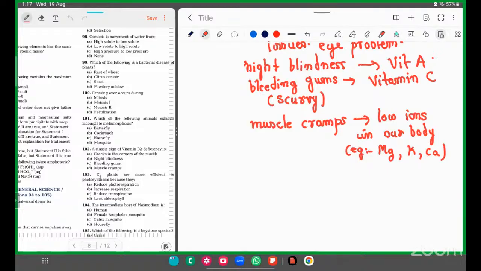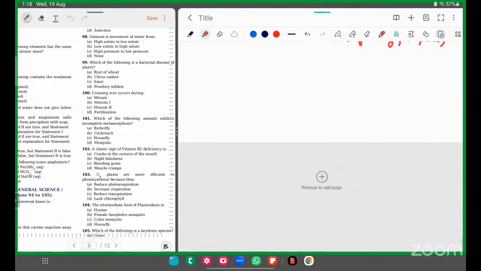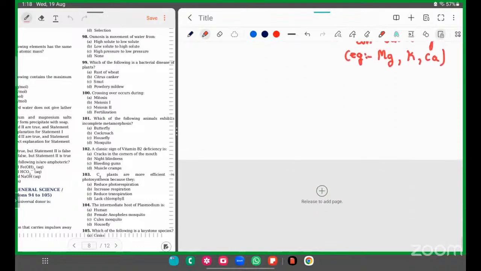They only take the required amount of sunlight energy, and the rest they stop. So they do not take a large amount of energy, which would consume a large amount of water. That's why it is good at reducing photorespiration.